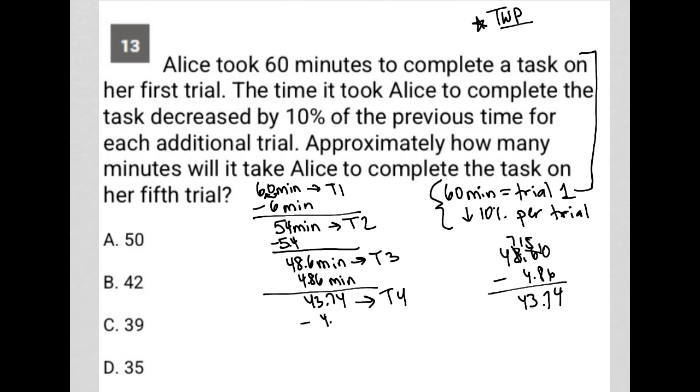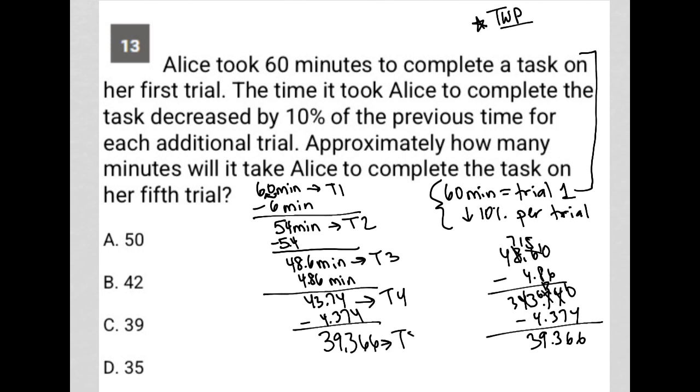Subtract 4.374, so 4.374 subtracted would be borrow 10, 6, 6, 13, 6, 3, borrow 3, 9, and I'd get 39.366 for trial 5.